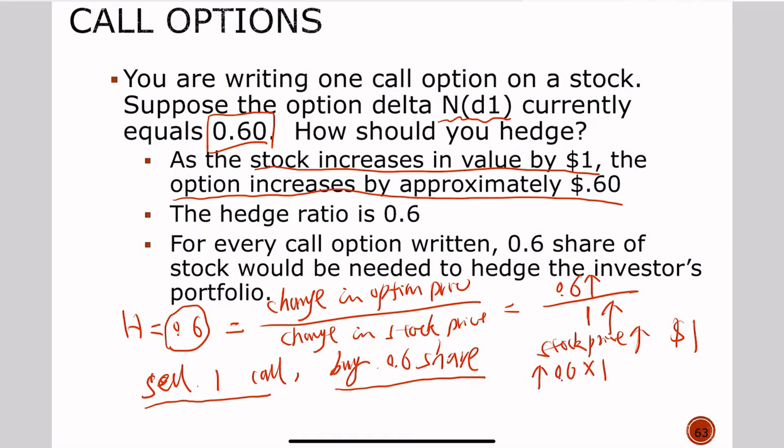Because you have only 0.6 shares. And you have a short position of one call option. And we know that the call option price will increase by 0.6. And you have one call. But you are having a short position. So this position will generate a loss like this, right? So you can see that a positive gain of $0.6 will offset a loss of $0.6.